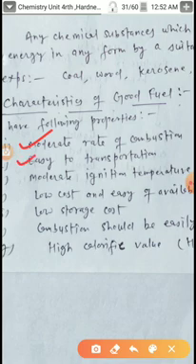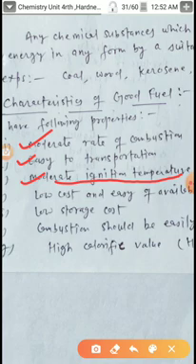The second property of a good fuel is that it is easy to transport. You can transport fuel easily, so there will be no problem in transportation here and there. The third important property of a good fuel is that a moderate ignition temperature is necessary.